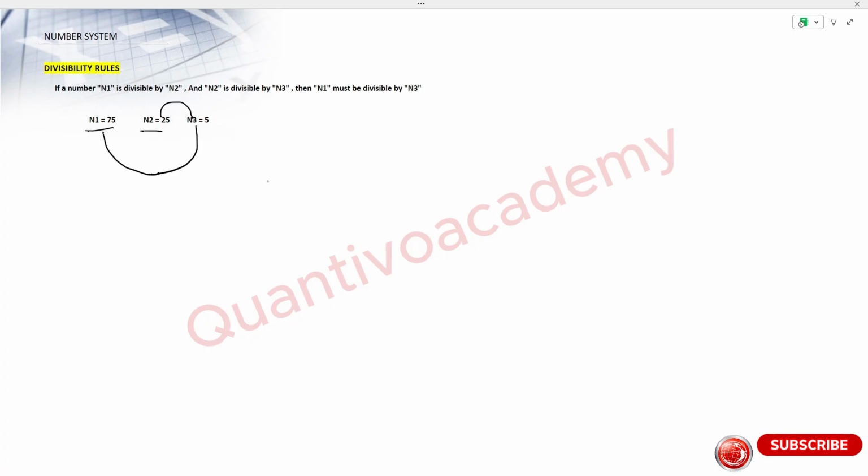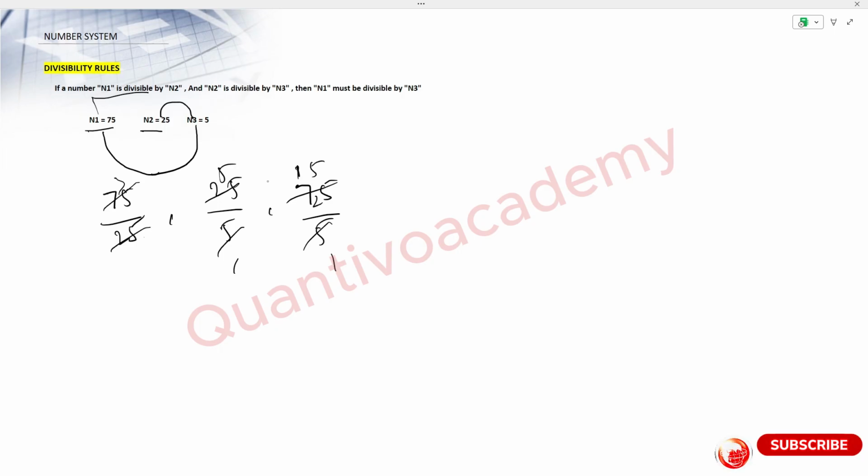We can write this as: n1 is divisible by n2, and n2 is divisible by n3, so n1 must be divisible by n3. Let's divide 25 by 5: 5 ones are 5, 5 5s are 25.